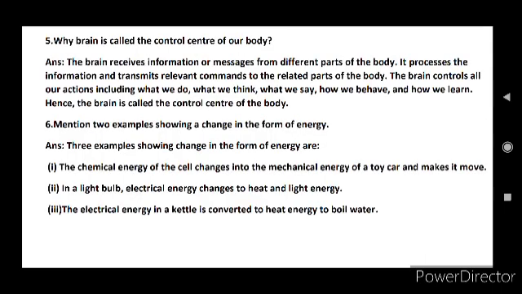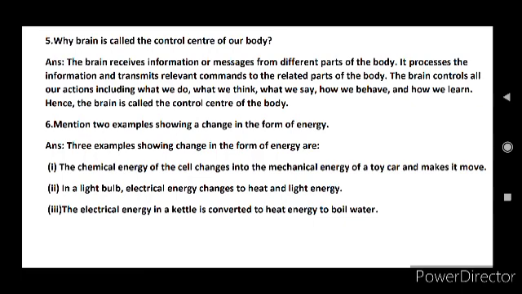Next, the fifth question: why is the brain called the control center of our body? The brain is one of the important parts of our nervous system. The brain receives information or messages from different parts of the body, processes the information, and transmits relevant commands to the related parts of the body.